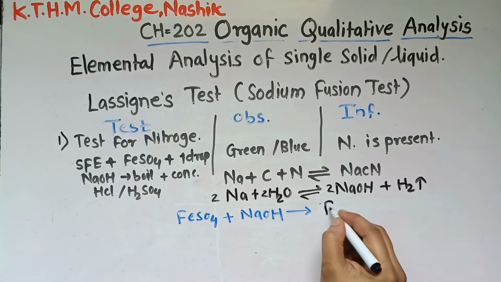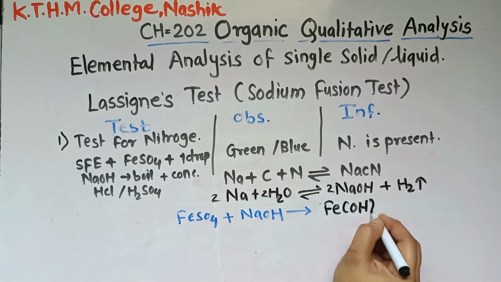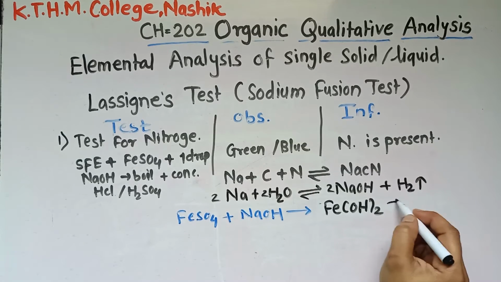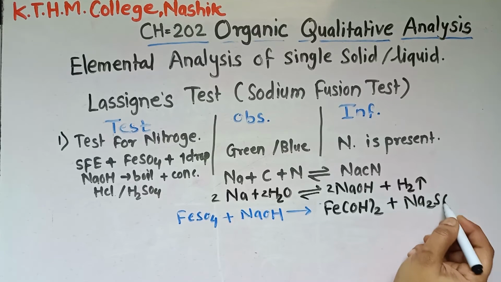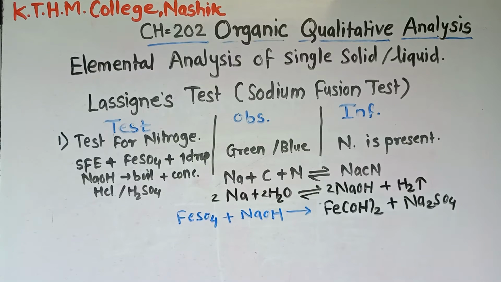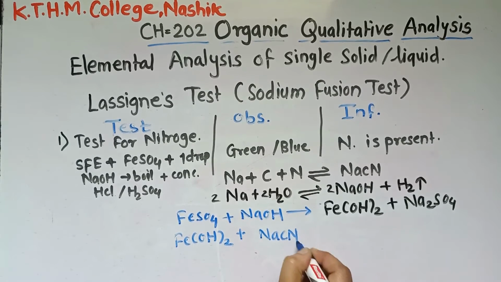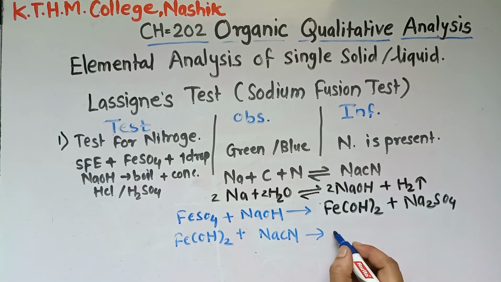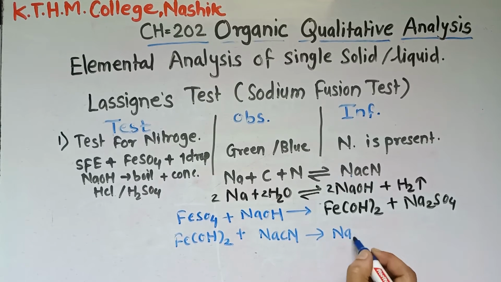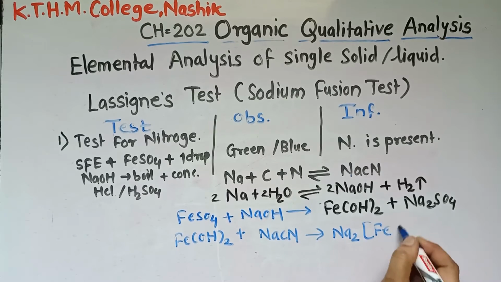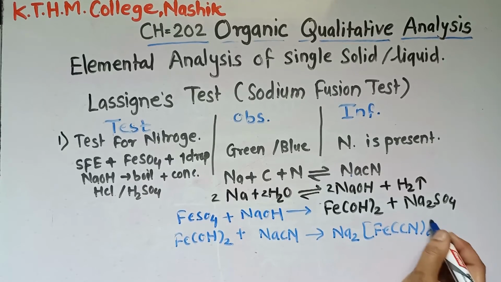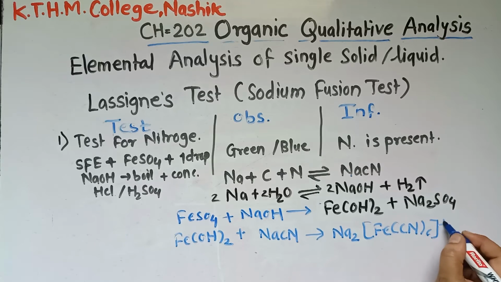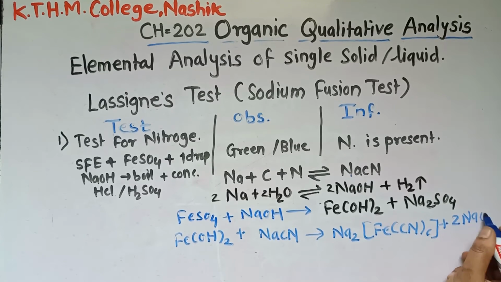So there is a formation of ferrous hydroxide and Na2SO4. This ferrous hydroxide, Fe(OH)2, reacts with the NaCN. This NaCN forms a complex, Na4Fe(CN)6, plus 2 NaOH.